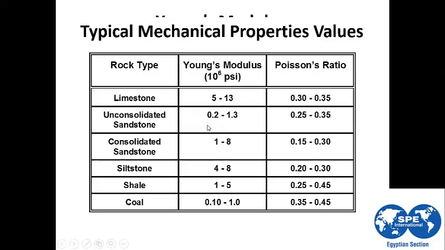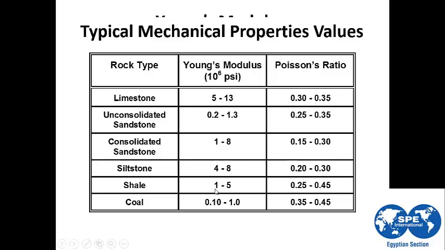Unconsolidated sand is 0.2 to 1.3, and the Poisson ratio is 0.25 to 1.35. Consolidated sand is 1 to 8 Young's modulus, and the Poisson ratio is 0.15 to 0.3. Siltstone is from 4 to 8, with a Poisson ratio of 0.2 to 0.3.